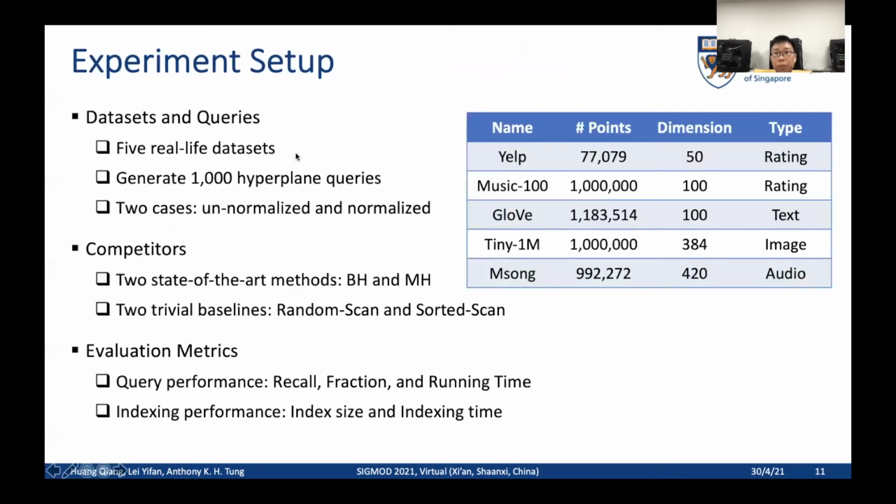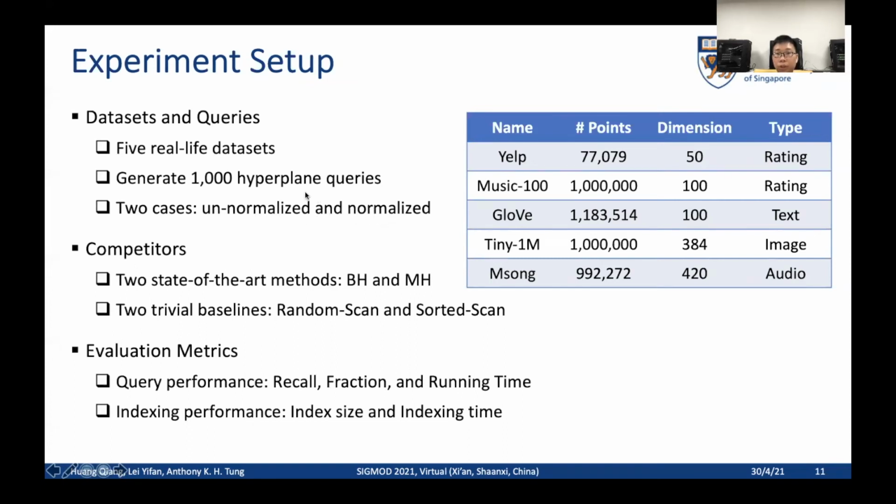So in the experiment part, we study the performance of NH and FH over 5 real-life datasets across different domains. For each dataset, we generate 1,000 hyperplane queries for evaluation. Here we consider two cases: unnormalized cases and normalized cases.